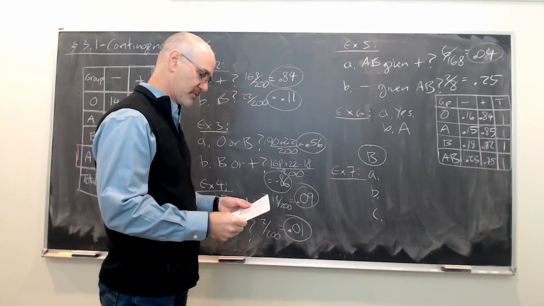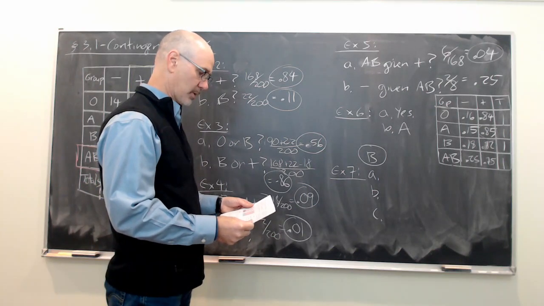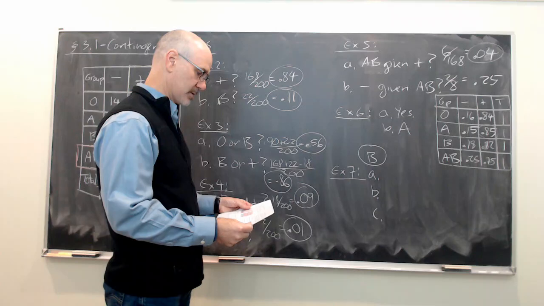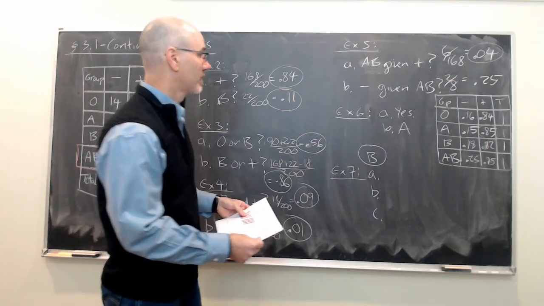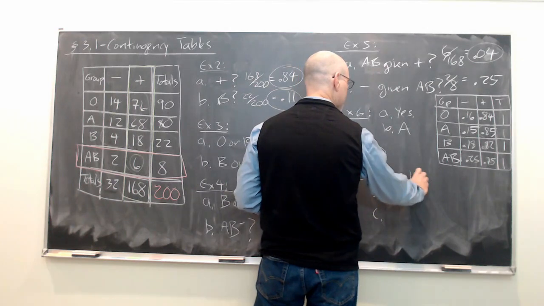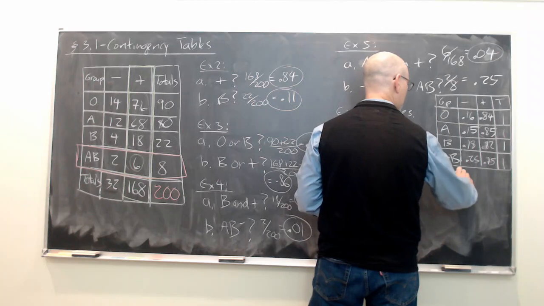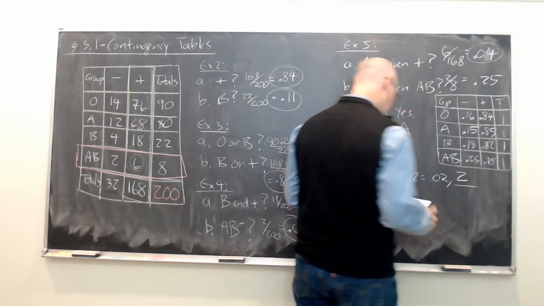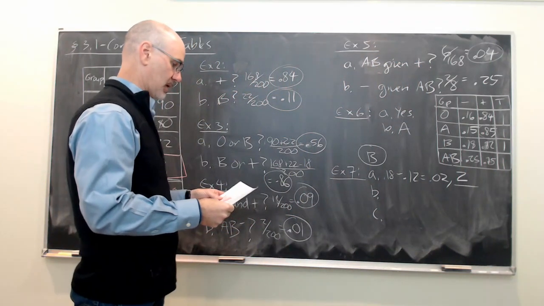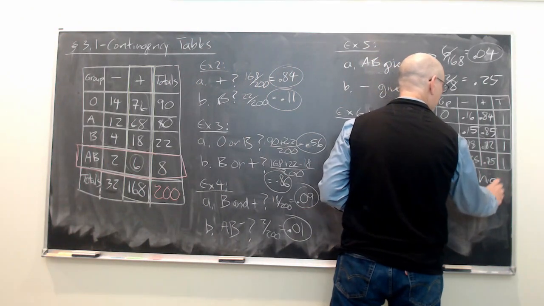And the proportion of people with B who are negative compared to those with O who are negative is 0.18 minus 0.16, 0.02, or 2 percentage points higher.